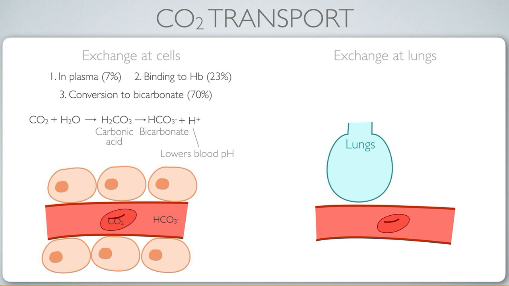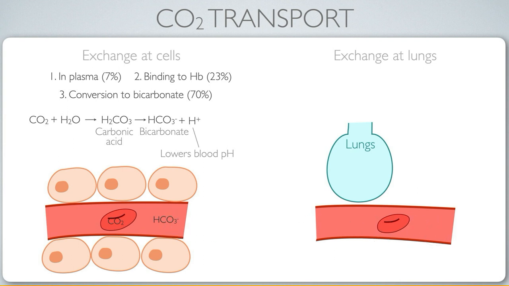So effectively, in the exercising cells, when there's an elevation in carbon dioxide, that results in more carbon dioxide in solution. We go through this reaction that produces a high concentration of protons and also bicarbonate, and that serves to lower the blood pH. The blood pH is lower in exercising cells than what you see in the exchange that occurs in the lungs.